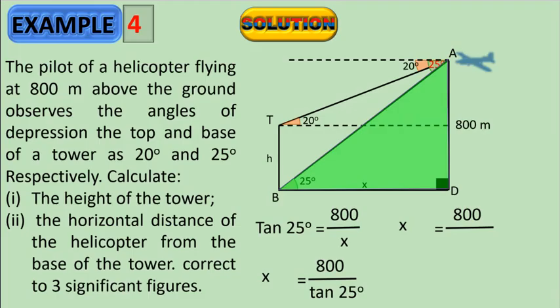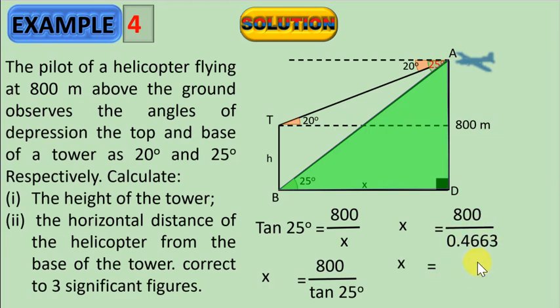If you have done that, the answer you get to 4 digits will be 0.4663. So we write that here, 0.4663. Then use the same calculator, divide 800 by 0.4663.